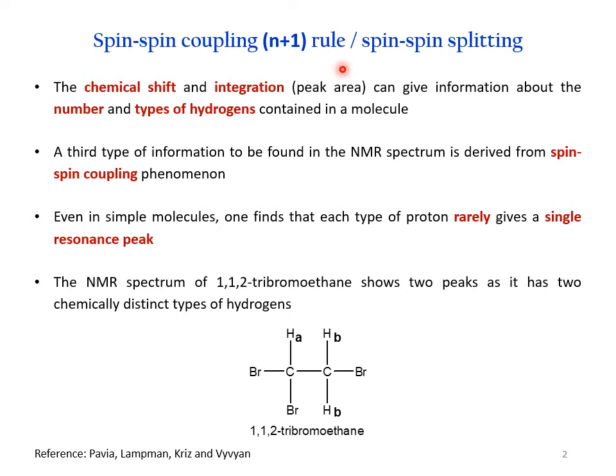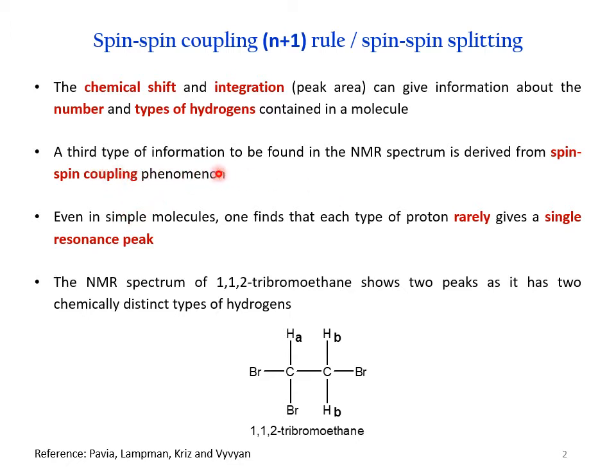So by spin-spin coupling, or this N+1 rule, one can identify a third application which is very important in NMR spectroscopy. That is, we can identify the number of hydrogens attached to the adjacent carbon atoms.